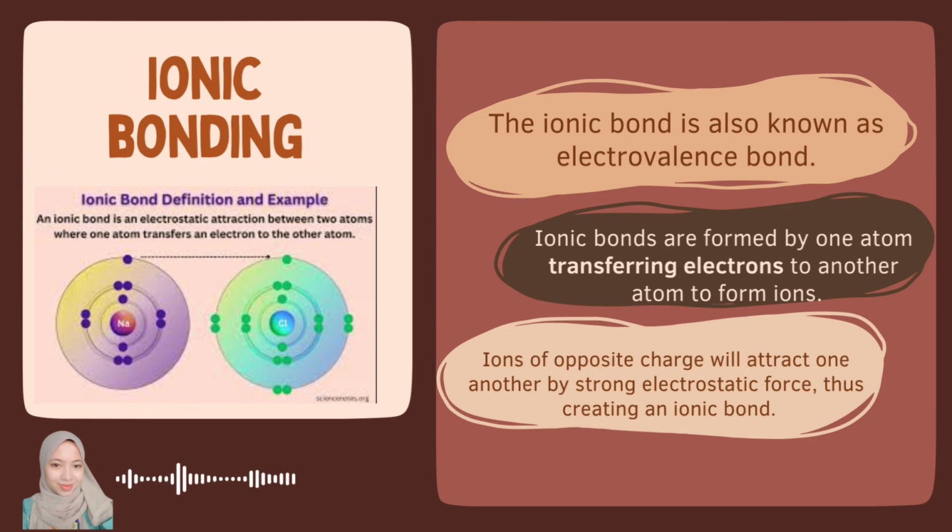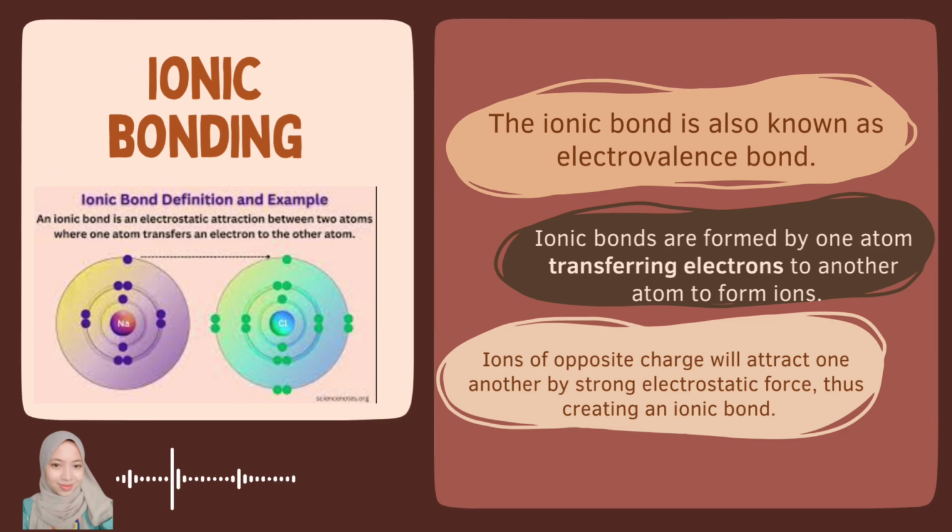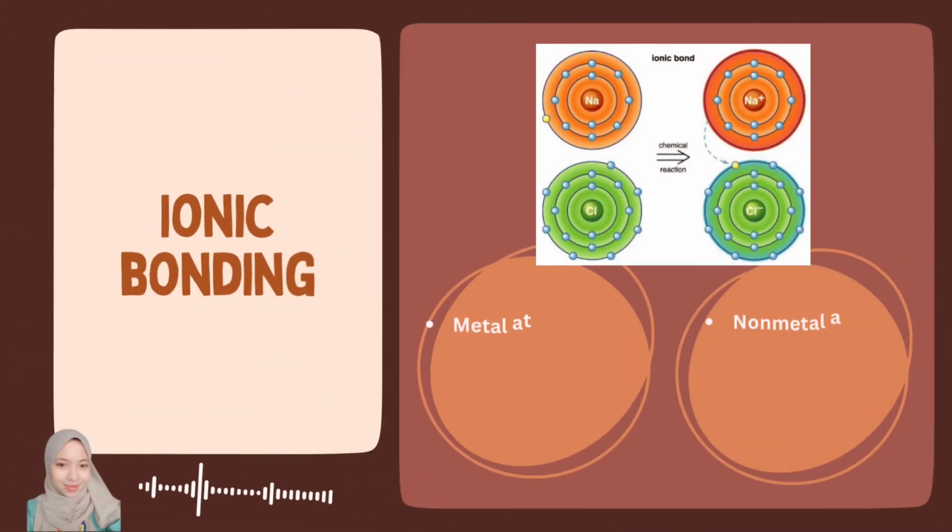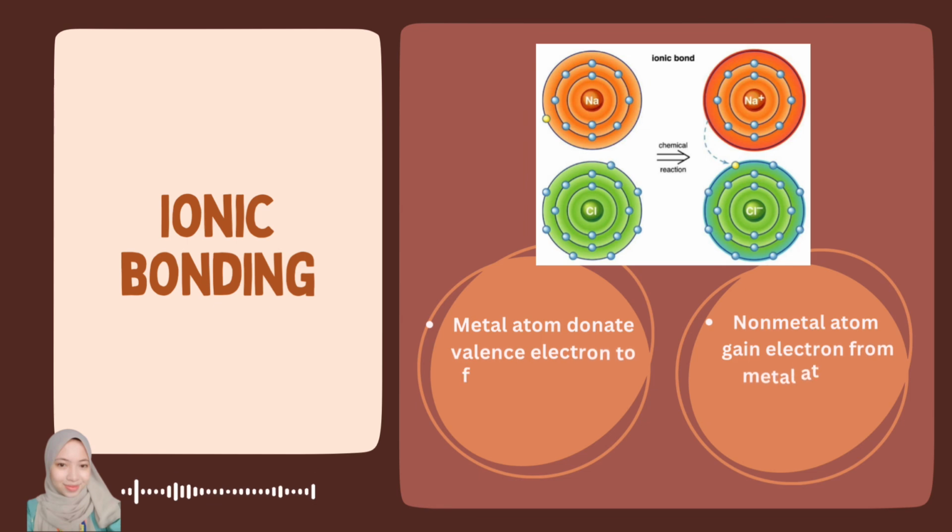When positive and negative ions join to form an ionic compound, the total number of electrons lost must be equal to the total number of electrons gained. For an easy understanding, a metal atom donates valence electrons to form a positive ion, which is a cation.